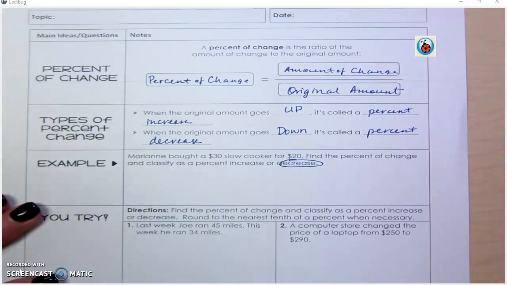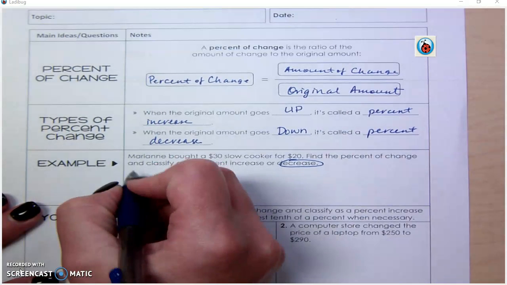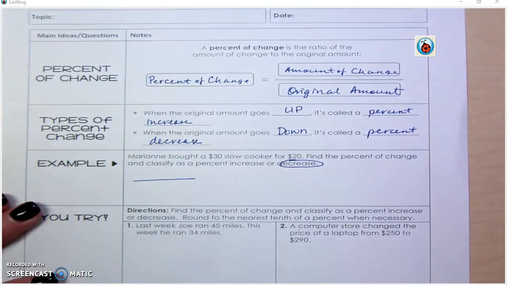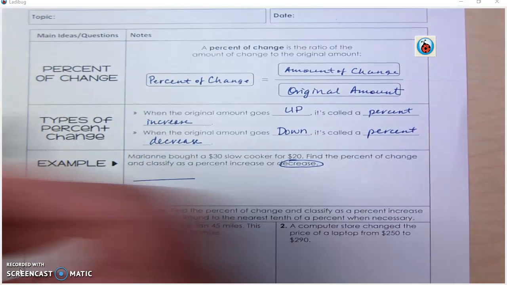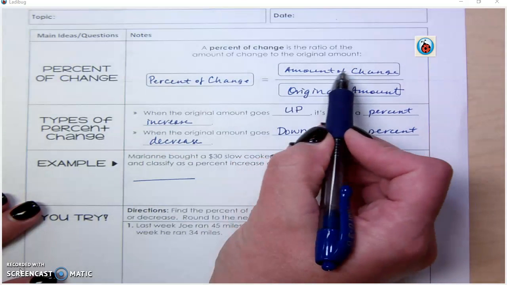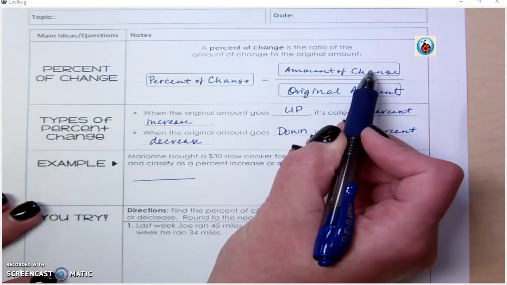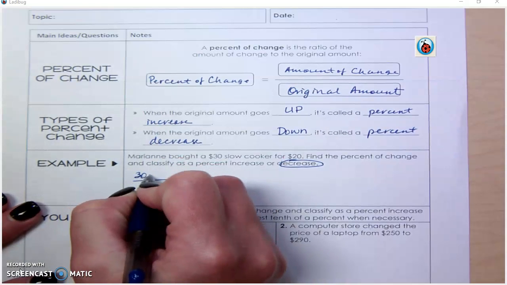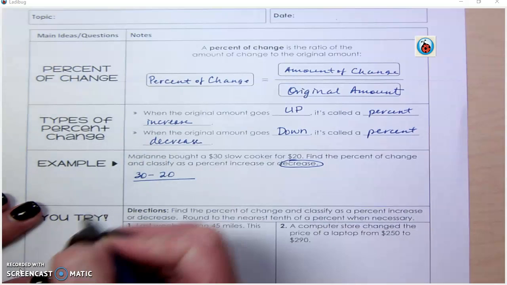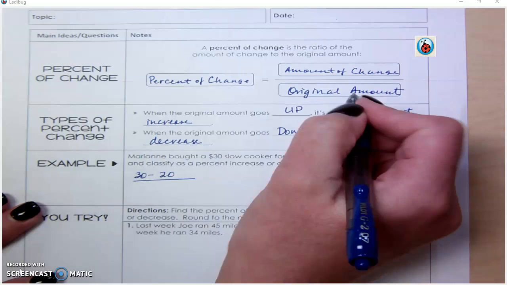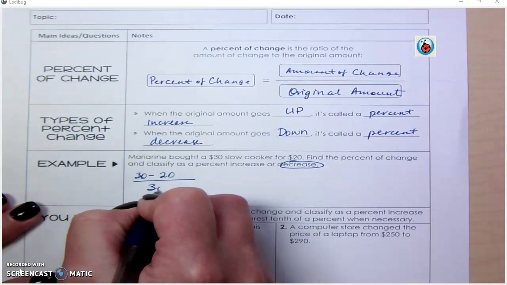Let's go ahead and find that value. In our ratio, it's super important to understand what values are going to be used here. The whole concept is called percent of change. So we're going to determine what was that amount of change. We will have 30 minus 20, and the original amount was 30.